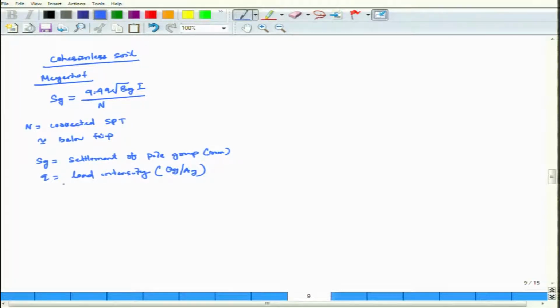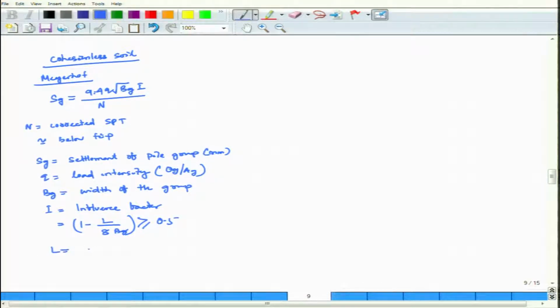Bg is equal to the width of the group, I is equal to the influence factor, which is equal to 1 minus L by 8 Bg, which is greater than or equal to 0.5.